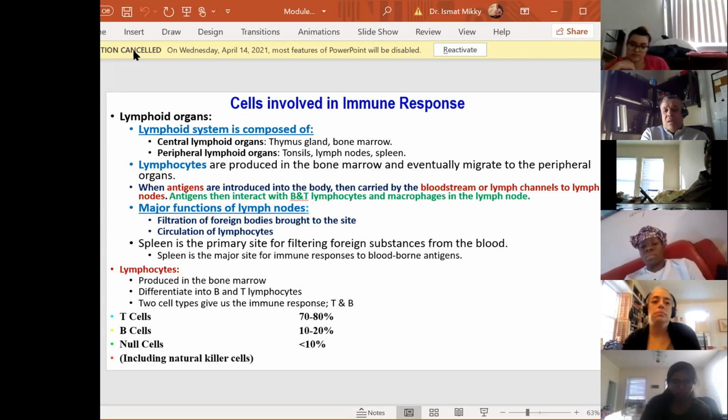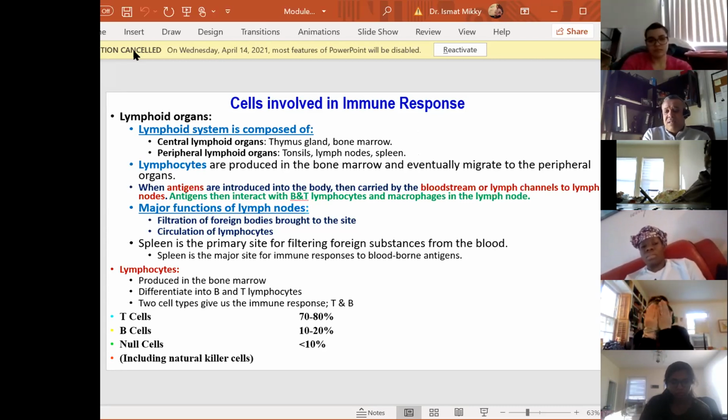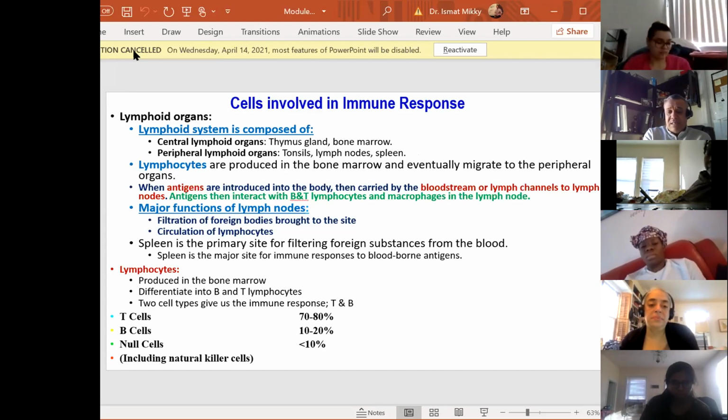The lymphocytes, the T cells and the B cells: this is just the distribution and the percentage of each type in our body. We have about 70 to 80% T cells, 10 to 20% B cells, and then the null cells, which are like the natural killer cells, less than 10%.